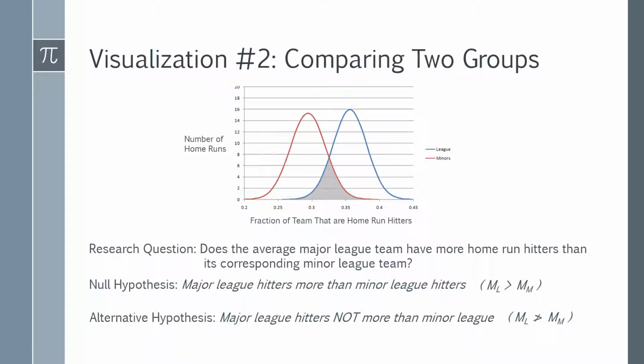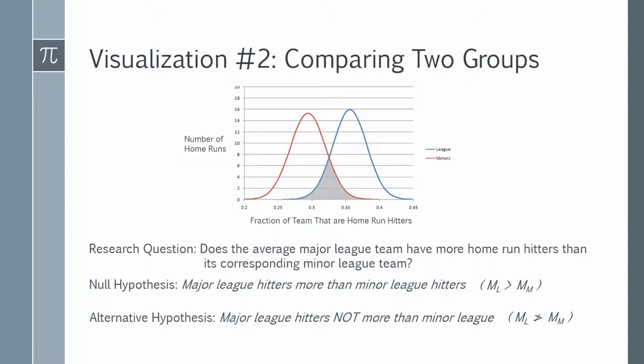So let's look at the research question that we're trying to test. Does the average major league team have more home run hitters than its corresponding minor league team? So our null hypothesis states major league hitters more than minor league hitters.